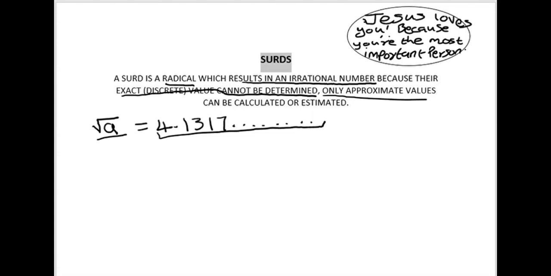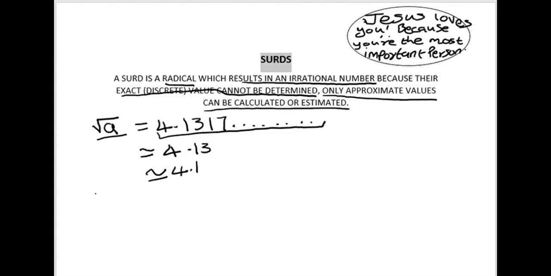Only approximate values can be calculated or estimated. And we can get the approximate value of this root of a, that tells us this long number can be approximated to 4.13 or 4.1.